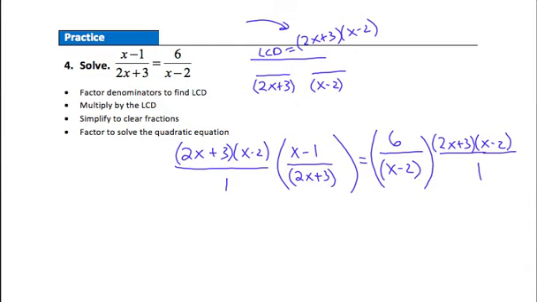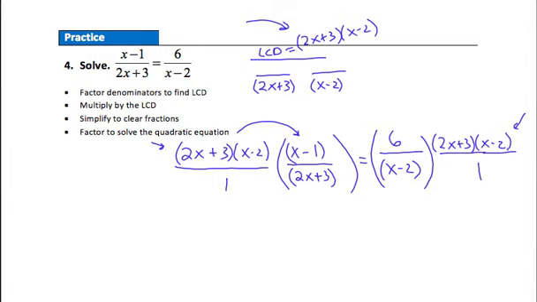Okay, I've set myself up. I multiplied both sides of the equation by our LCD, this 2x plus 3 times x minus 2. So let's go ahead on the left side and multiply. Notice when we multiply on the left side, we're multiplying by this one term here, two terms here. So we're going to need to distribute, but we'll get to that in a second. First, let's look at what's going to divide out.